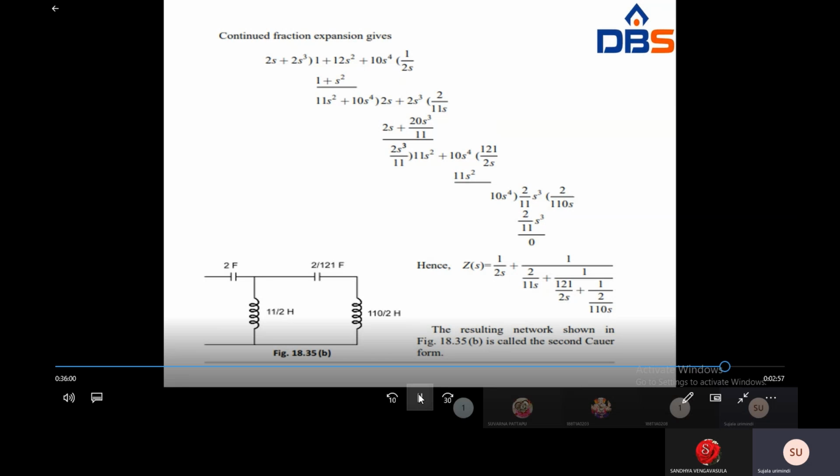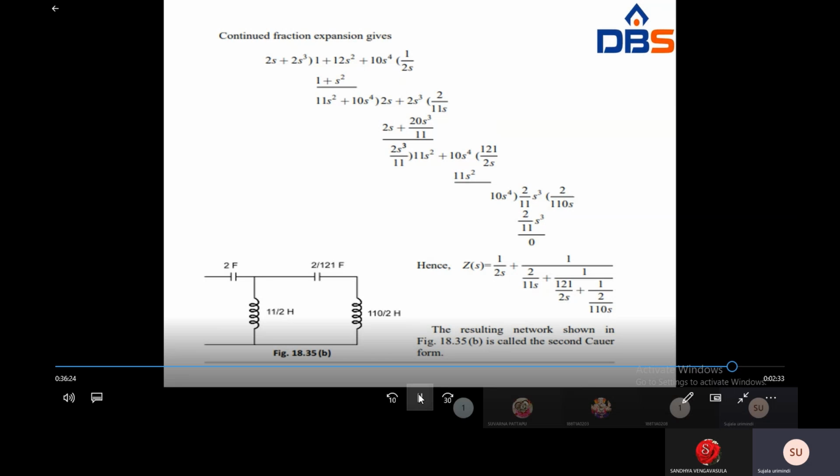Then 2s by 11s square is 2 by 11s. Then you have to multiply the total term, and whatever the value will be, you write this value. Ls square by 2s cube by 11, then you get 121 by s. Then you multiply up to this function, you get 1 by s. It's taken as the admittance form. So 1 by s means admittance.